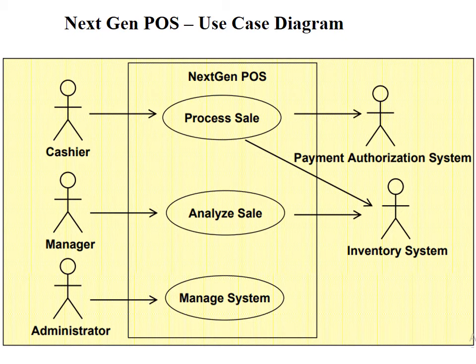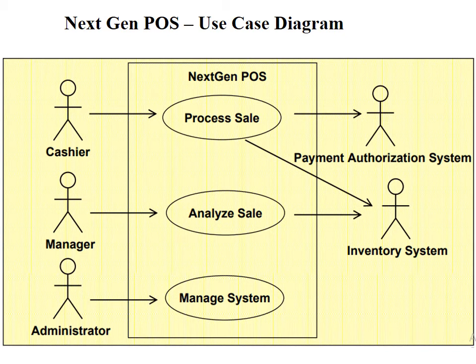The cashier processes a sale. After processing the sale, he will be interacting with the payment authorization system, and he will also be giving details to the inventory system. The manager analyzes the sales: which goods are purchased very often, which go very fast. This analysis helps the inventory manager keep enough stock.